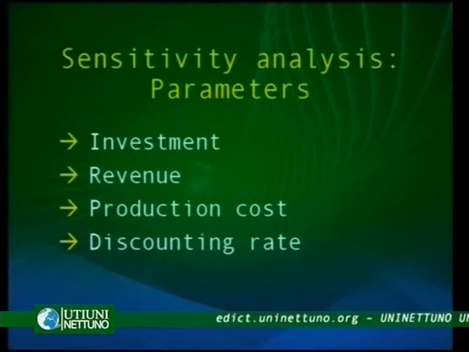And finally, the discount rate. We already demonstrated in previous classes that the discount rate has a strong impact on the value of the project, and that given the cash flow pattern, the discount rate can critically affect the decision to invest in a project or not.